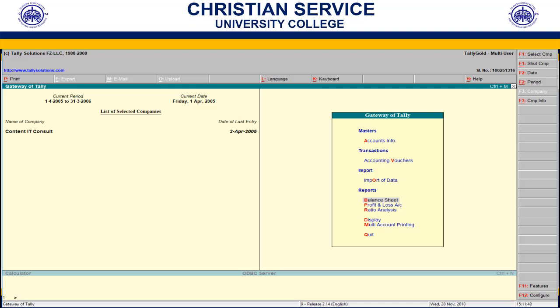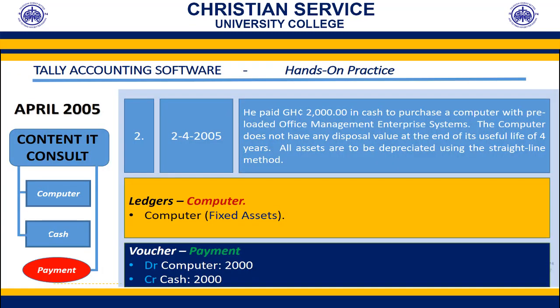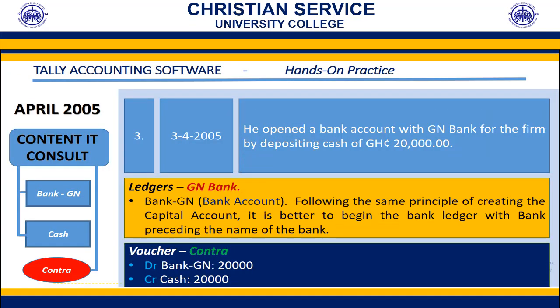But before we do that, let's see the question. It says that for our third transaction, he opened a bank account with GN Bank for the firm by depositing 20,000 cash. Now, with this, we need a ledger called GN Bank. It's a bank account. And we'll be using a voucher called contra, because whenever a transaction takes place between the bank and cash, we would use the voucher contra.